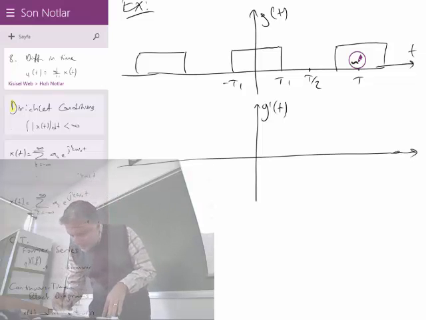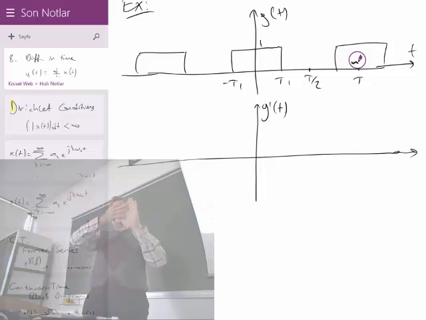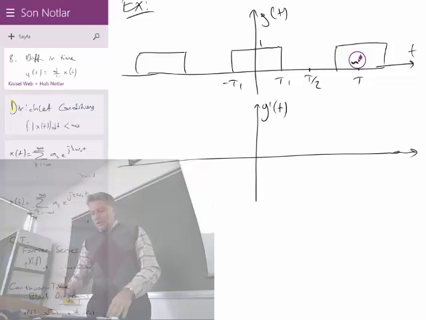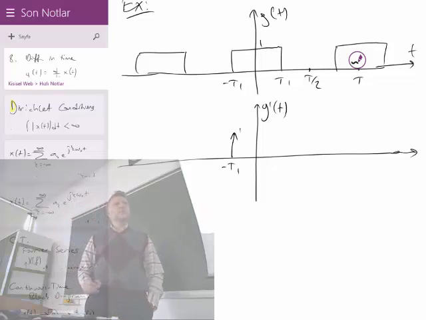G prime of t is, if this is 1, the derivative of a unit step, a magnitude 1 step increase, its derivative corresponds to a unit impulse, because the integration of that unit impulse will give you 1 afterwards. So the derivative will look like this. An impulse at minus T1 with magnitude 1.